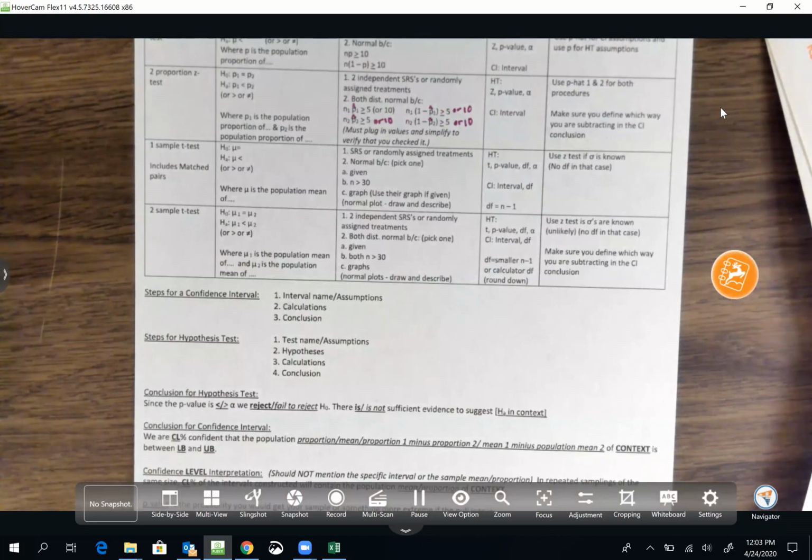They will give you a graph and then you talk about their graph. So most likely you are not going to be making a graph, especially since we're doing it on the computer this year, but they might give you the graph and then you comment on their graph. If it's a histogram, you can comment on it being normal. If it's a dot plot, you might or might not be able to.